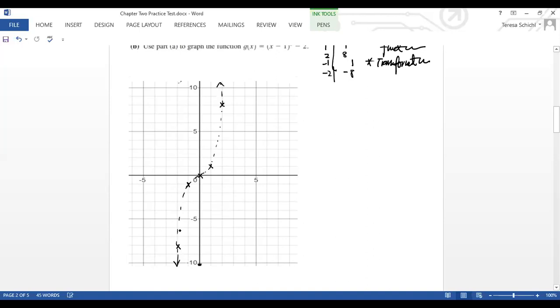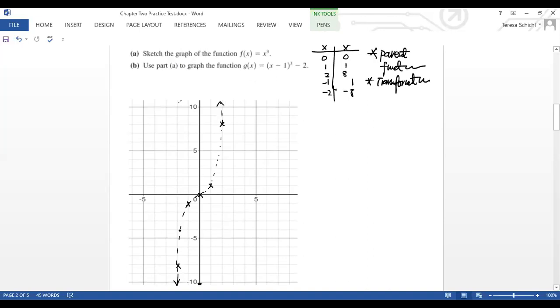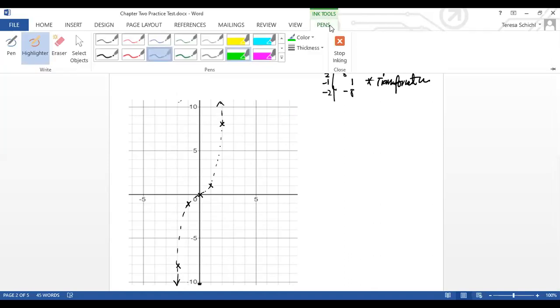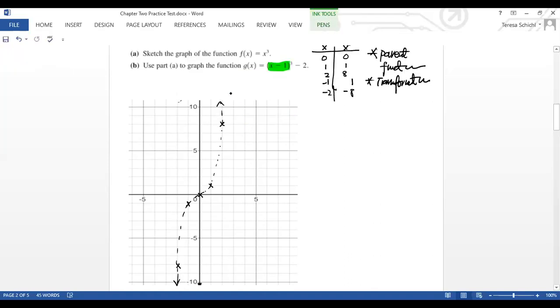Okay, now let's take a look. We always do the inside parentheses first. So the first transformation we want to do is x minus 1. When we talk about x minus 1, what does that mean? That means we move to the place where x minus 1 equals 0, that means x equals 1. That means we move on the x-axis to the right 1 unit, right?